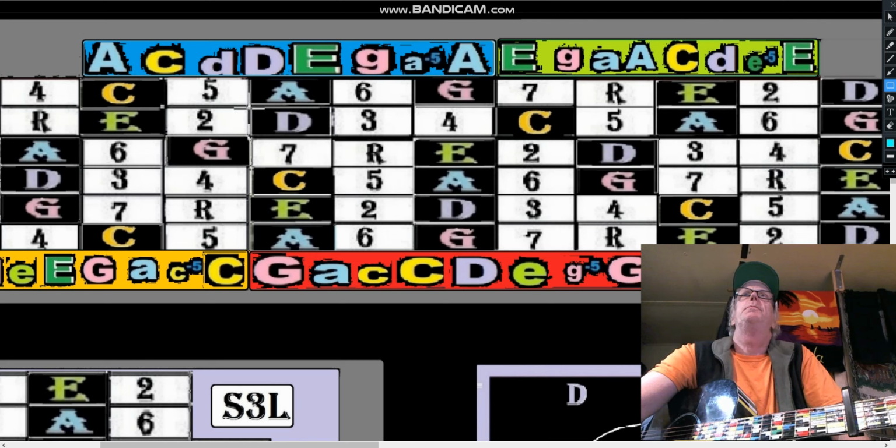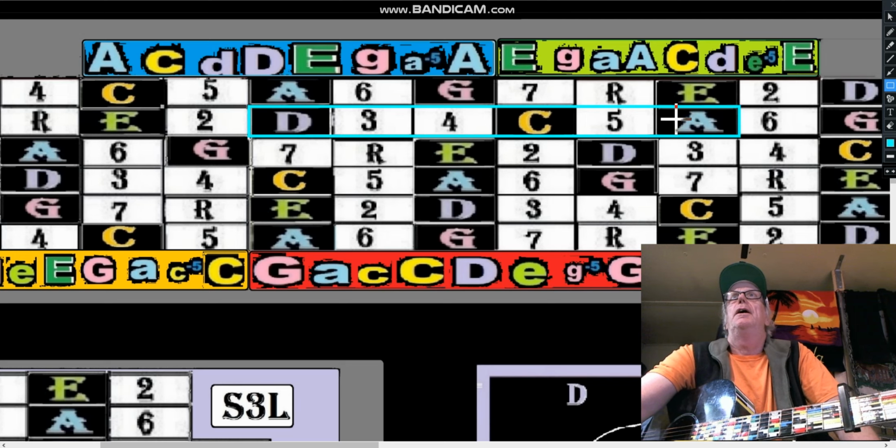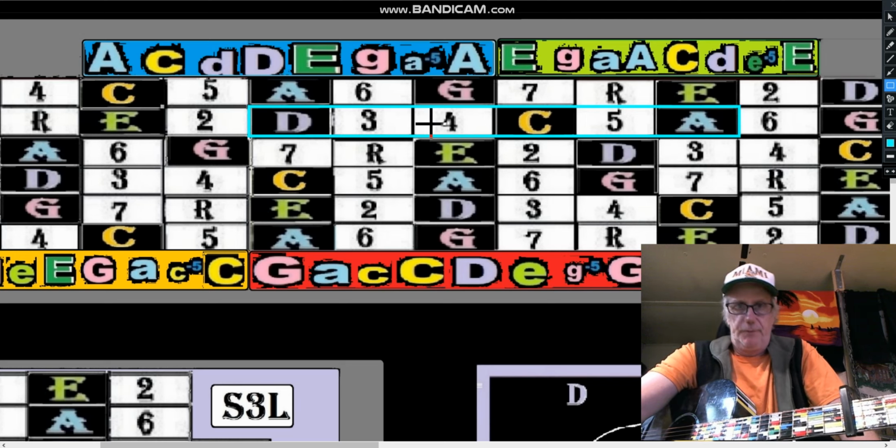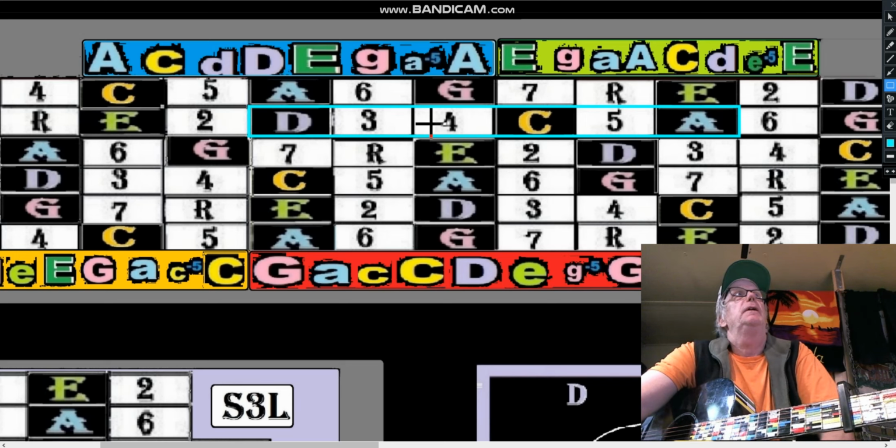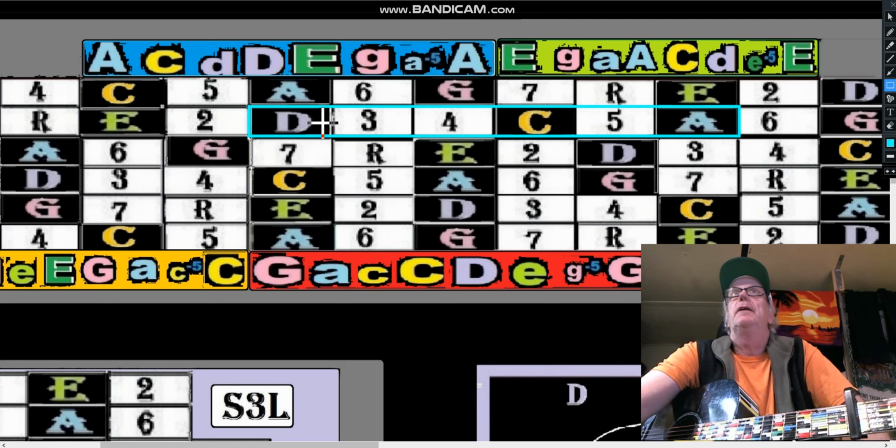The C has bookend isolation, so the whole C string shape is like 1, 2, 3, 4, 5, 6 frets, but really it's the 3, 4, 5 with the C in the middle.